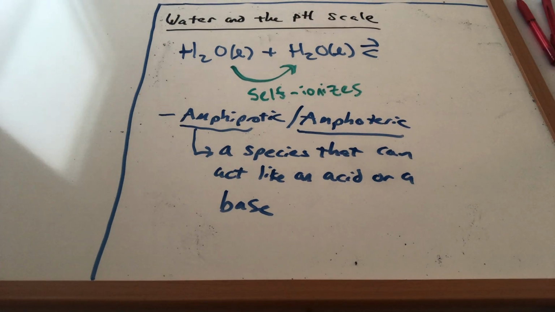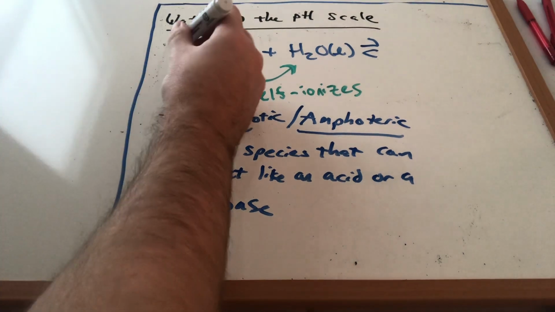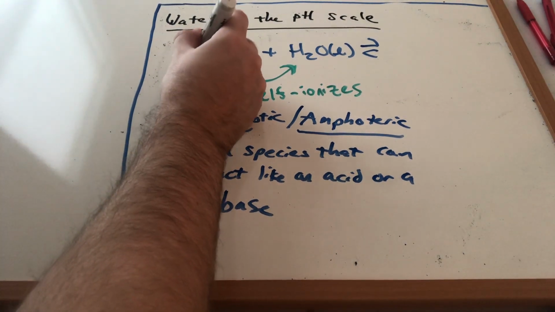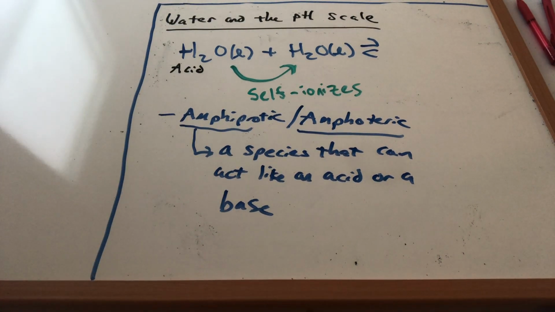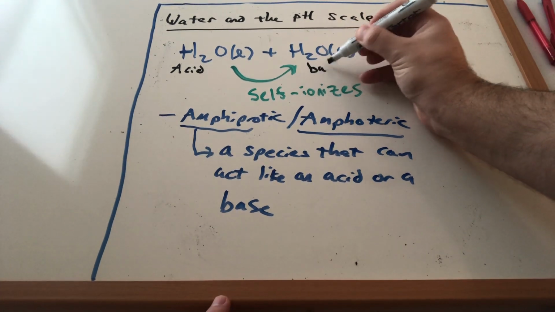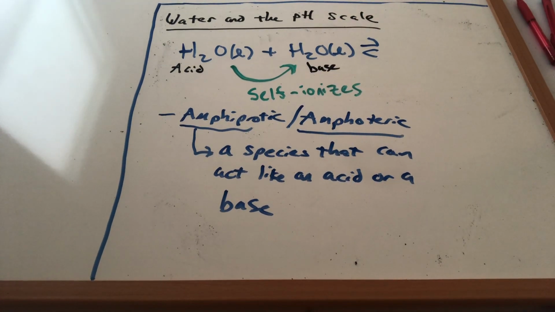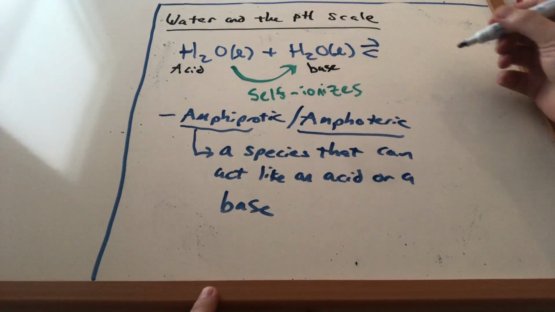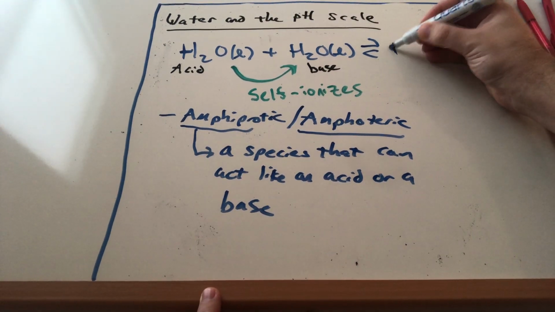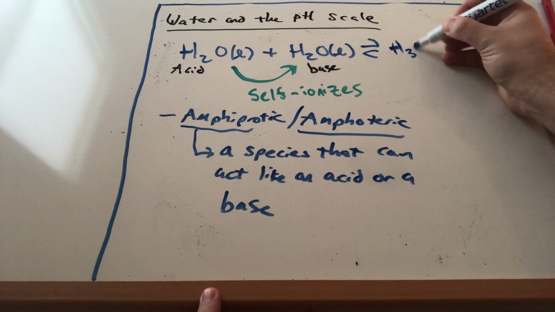Right? It self-ionizes. And let's say that this water over here is going to be our acid, so it's going to give up our H plus. That means that this water over here is going to be the base, so we're going to add the H plus there. What we get for products, and this happens in pure water, right? A water bumps into a water, and what you're going to get is H3O plus.